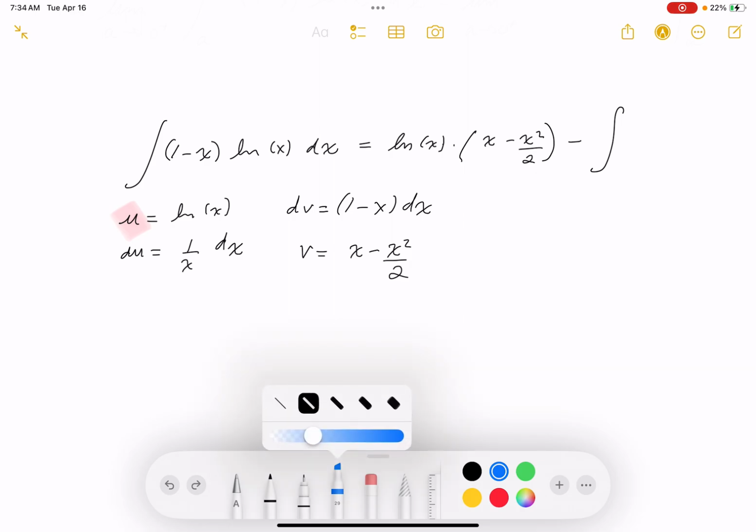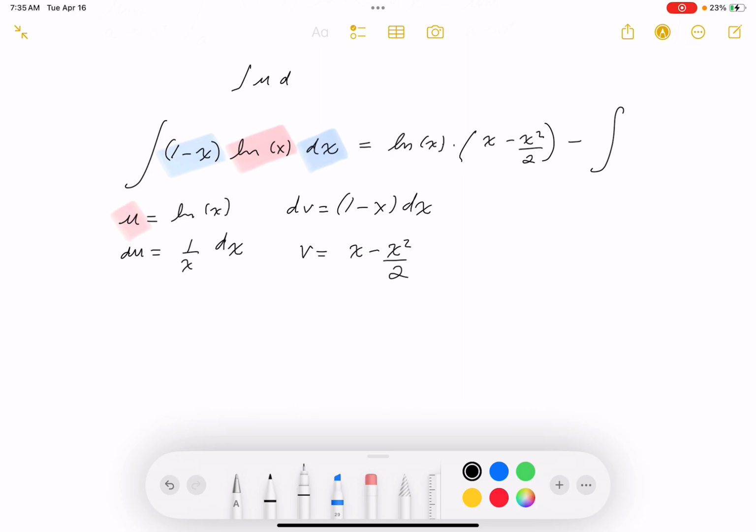Let me go back over here. This is the u, and this is the dv. So the thing we're using over here is the integral of u dv equals uv minus the integral of v du. All right, let's write this down now.